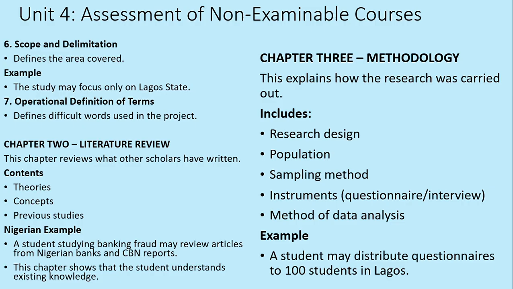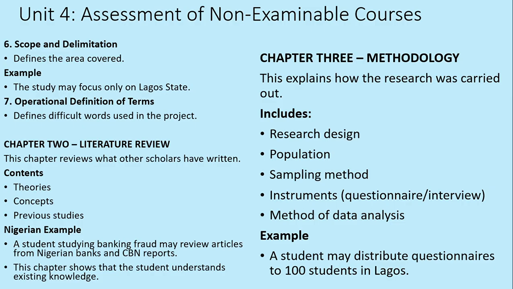Line number 7, we have operational definitions of terms. This one defines difficult words that are used in the project. We are still talking about chapter 1, which is the introduction.